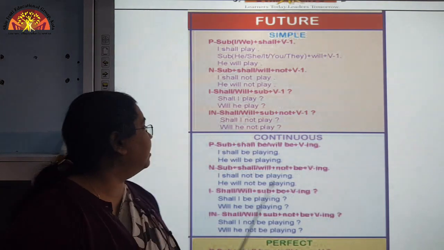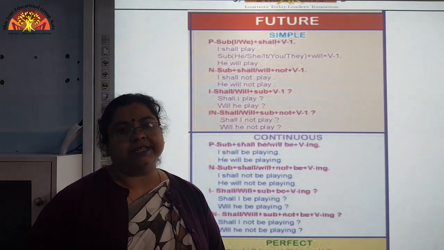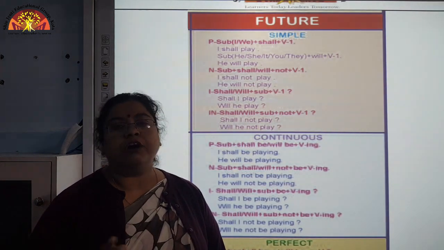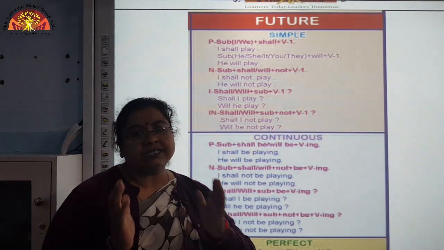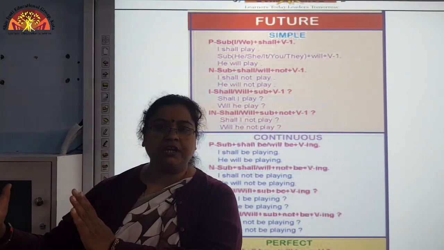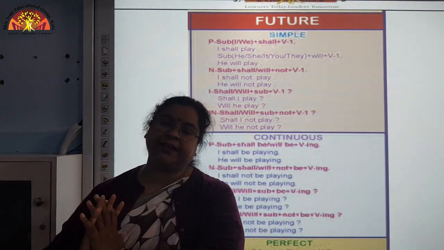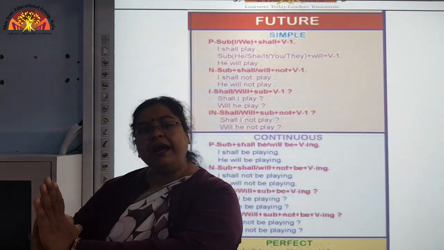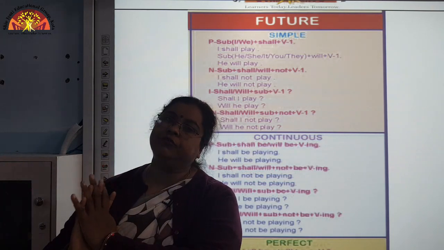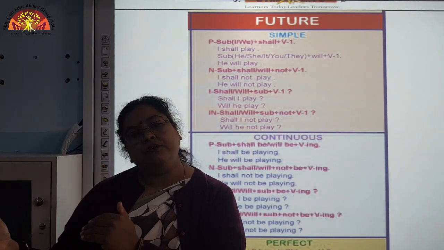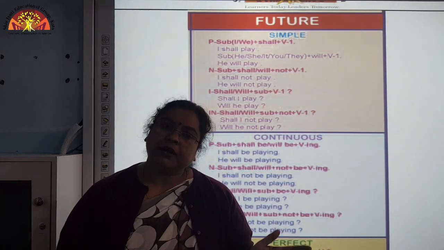Like this. Now, moving to the next set of tense under future tense, that is future continuous or progressive tense. So, here what is expected is that a certain action in future is expected to be continued for some time. It will start in future and it will be continued for some point of time in future. So, to express such actions we use future continuous tense.